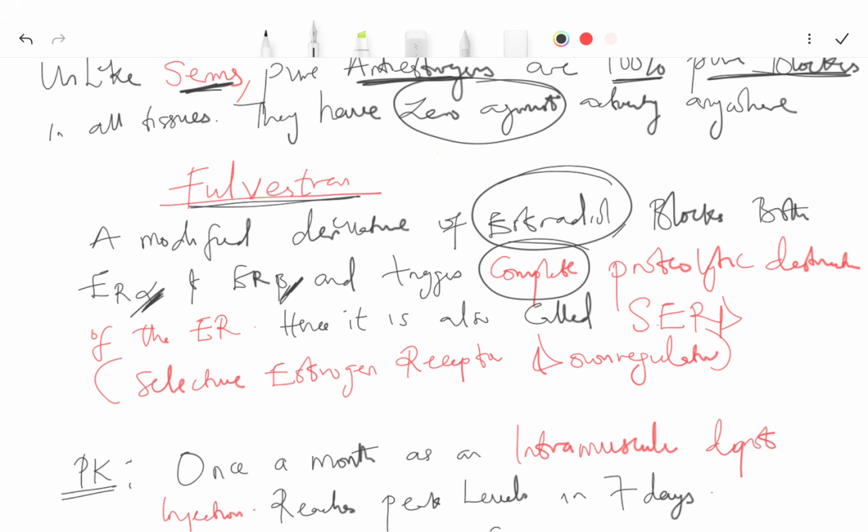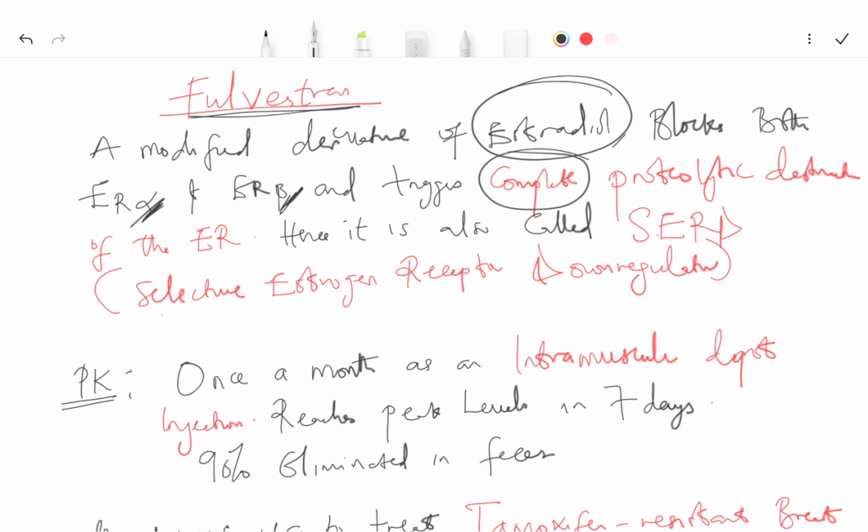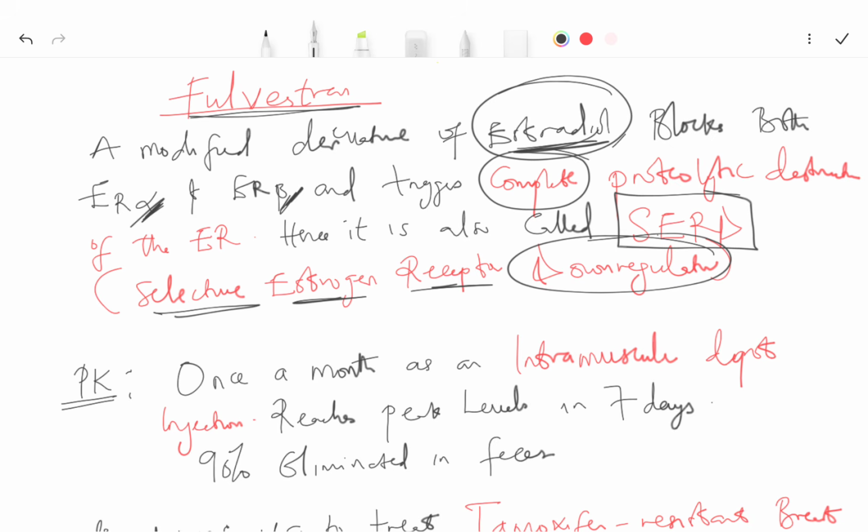So it is also called a selective estrogen receptor downregulator, or SERD for short. It's a modified estradiol drug that blocks both alpha and beta estrogen receptors, then also causes proteolytic degradation of the receptor. So apart from blocking it, it destroys the receptor completely.